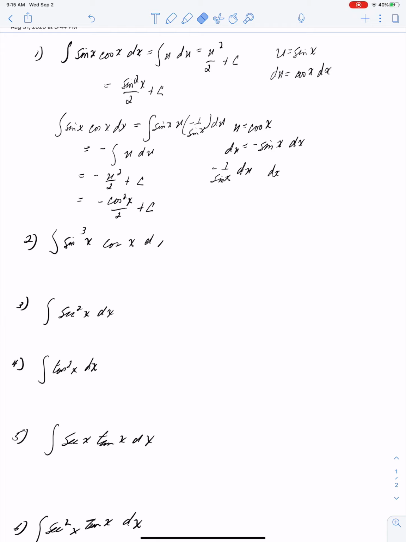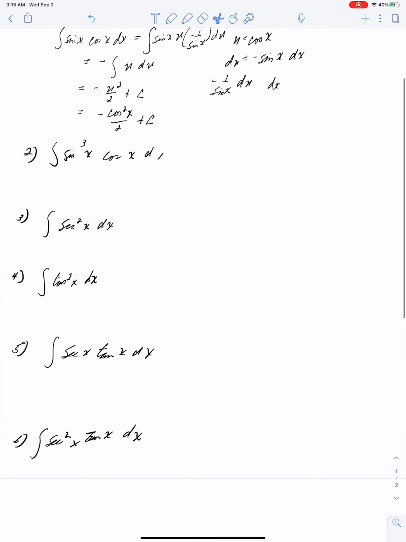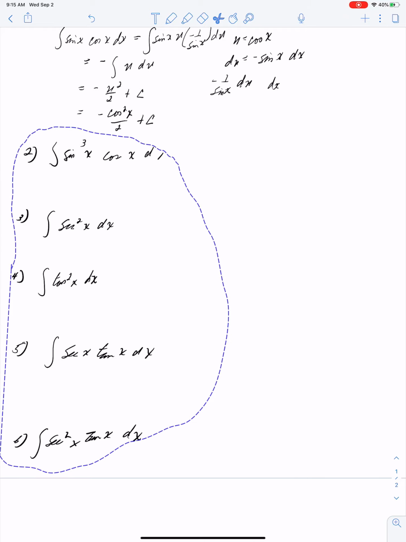Now, how can I see that? Namely, how can I see that sine squared x over 2 is just a constant away from minus cosine squared x over 2? Let's move things down even a little more. Seems like I needed more space than I thought I had.